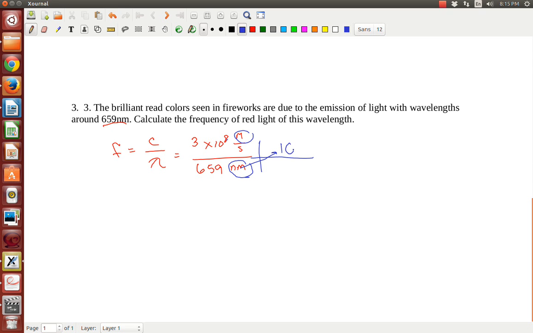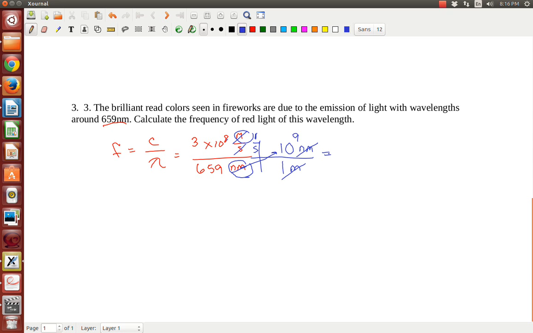There are 10 to the 9 nanometers in 1 meter. Now, nanometers in the denominator, nanometers in the numerator, they cancel. Meters in the numerator, meters in the denominator, they cancel. Remember that meters per second over meters is now just a 1 over s. 1 over s is the new unit. That's what frequency means. So let's do this calculation.